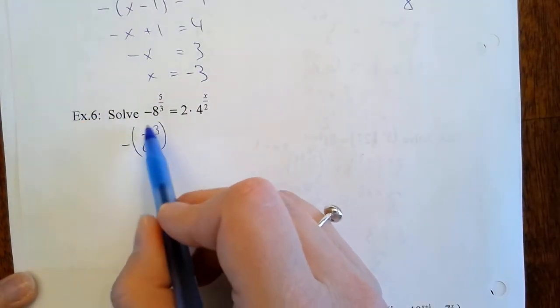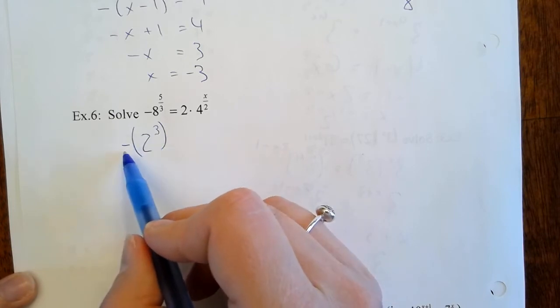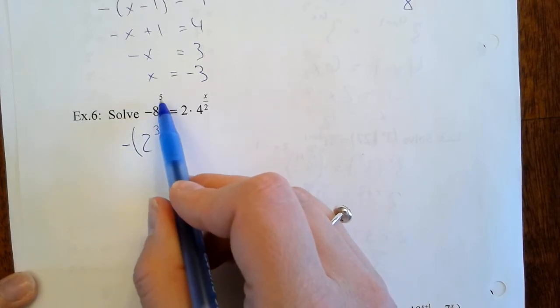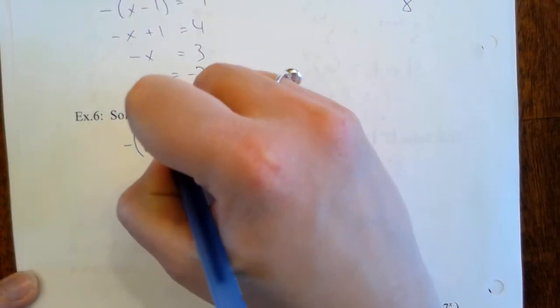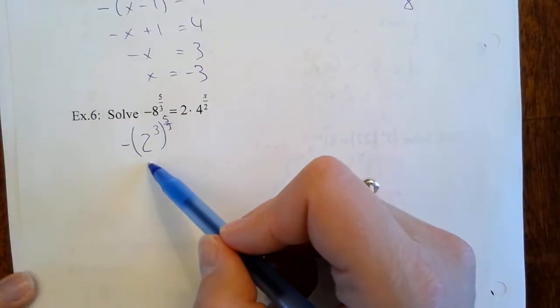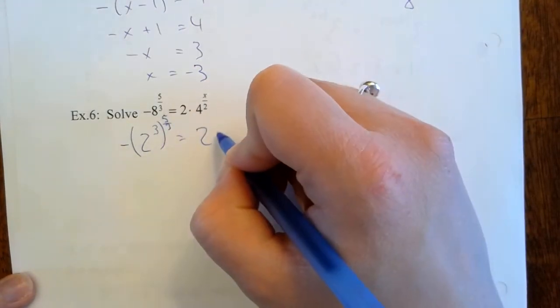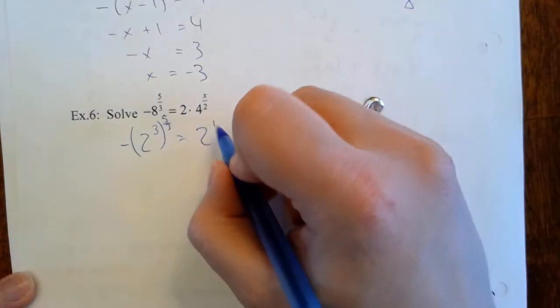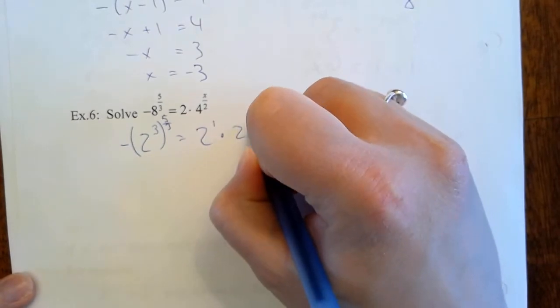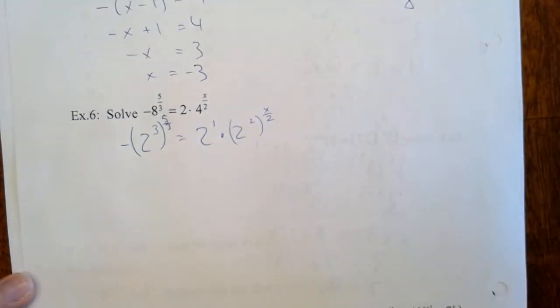Because this is 8, and it is a negative. So I put the negative out front. And then I'm going to put the exponent on it here, this other exponent, 5 over 3. Okay, so we can see how that's the same thing there. Now these other bases, 2, that didn't change. Maybe I'll just put a 1 on it so we can see it. Times 2 squared to the x over 2.